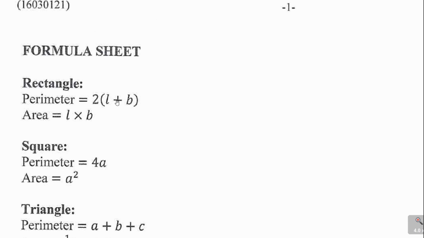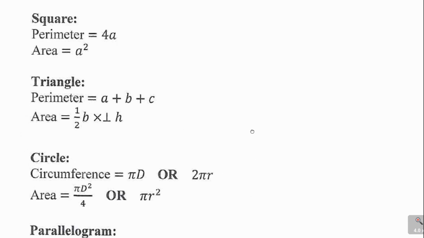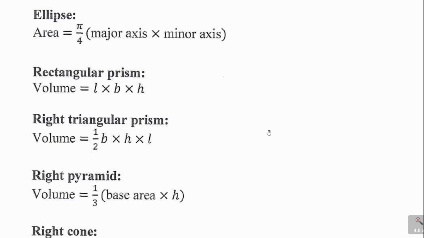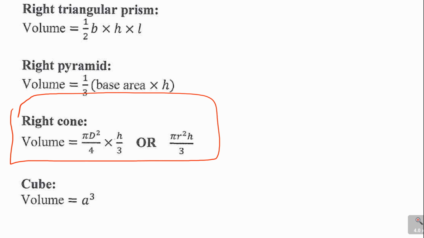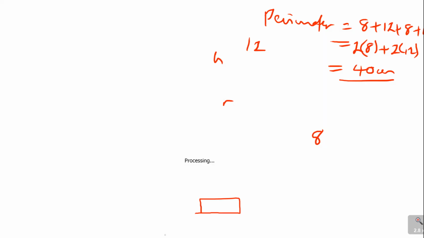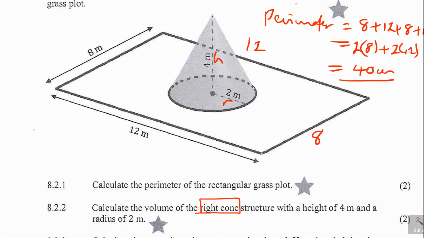There is the rectangle perimeter, 2 times l plus b, but when you come to the right cone, we are looking at something like this. This is the formula, and your focus is the one with the radius. This d means diameter, you focus on the radius, which is pi r squared h over 3. So v is equal to pi r squared h over 3.